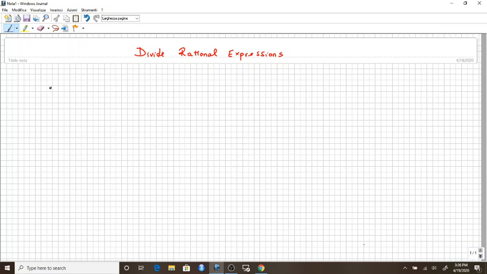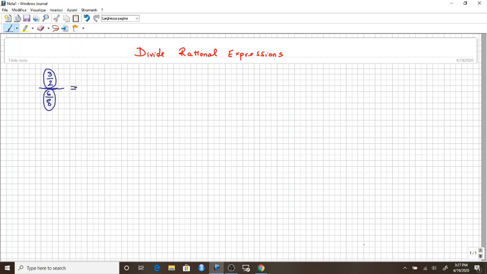And so the concept we're going to use is this. Let's start with numbers. Imagine we want to divide two fractions, for example 3/2 divided by 6/8. Dividing two fractions means multiply by the reciprocal. So I'm dividing 3/2 by 6/8.